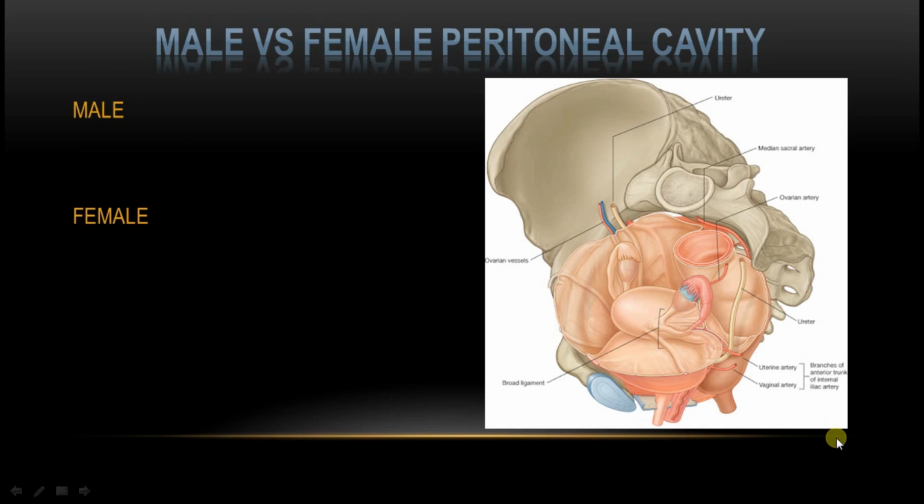Now, if you look at the difference between the male and female peritoneal cavity, in the male, the peritoneum is a closed sac, which means if you take any point from the umbilicus, it lines the interior of the anterior abdominal wall, then it reflects onto the diaphragm, then the posterior abdominal wall, then it reflects below on top of the pelvic viscera, then again comes to the anterior abdominal wall. So it is completely closed.